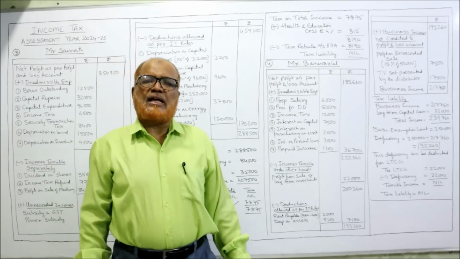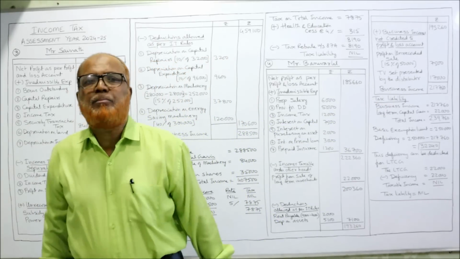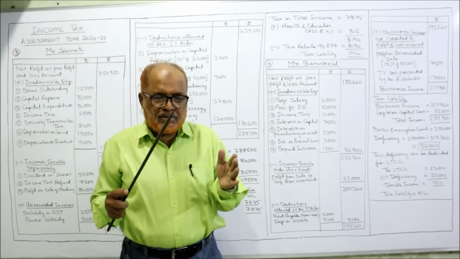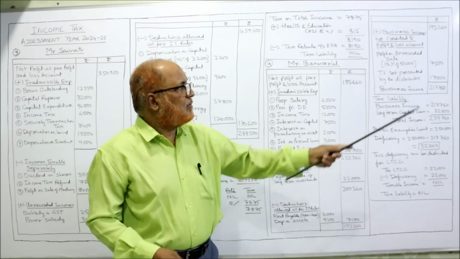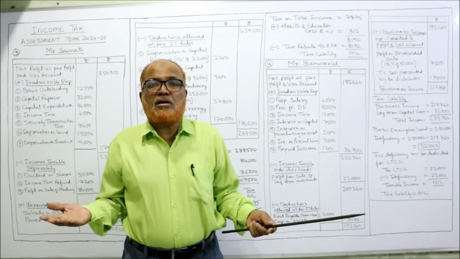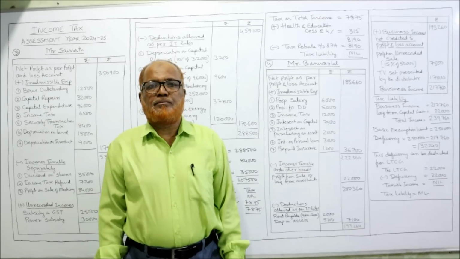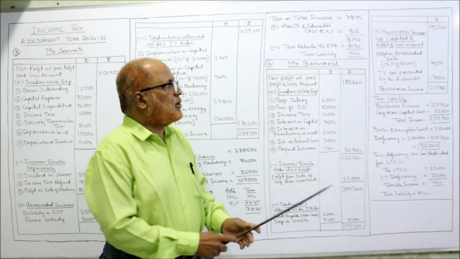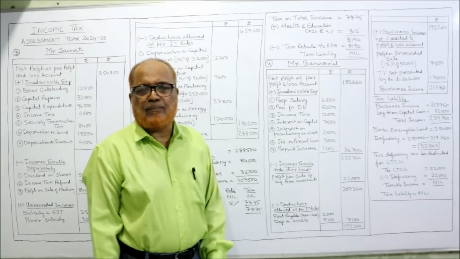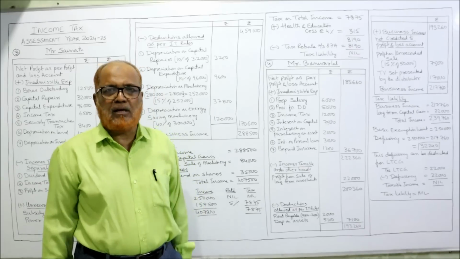And when television was presented by the distributor, this presentation of TV by the distributor, 17,000, is a business income but not credited to profit and loss account. Now we have to add back. So 7,500 plus 17,000, you get 217,760. That is the business income.